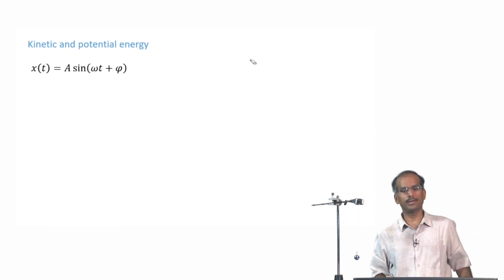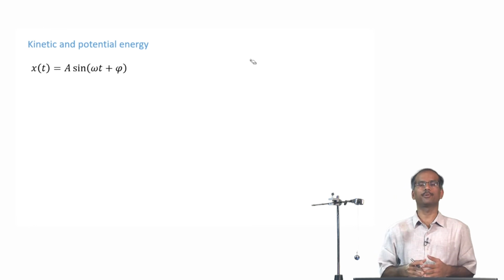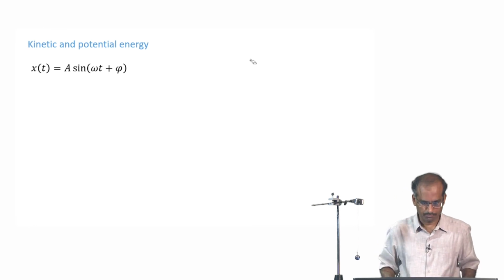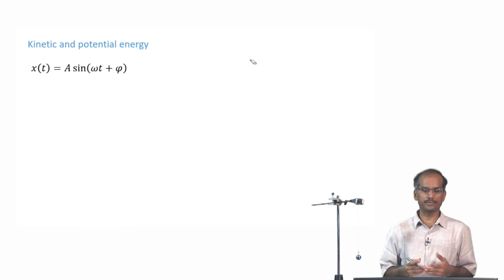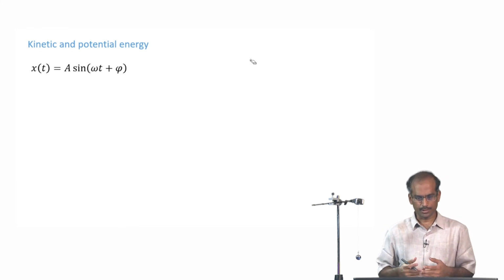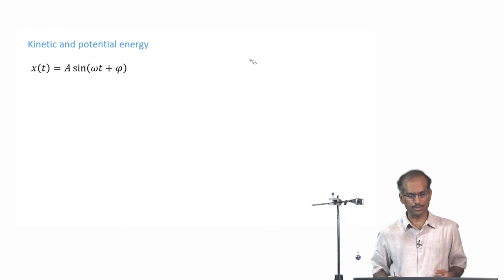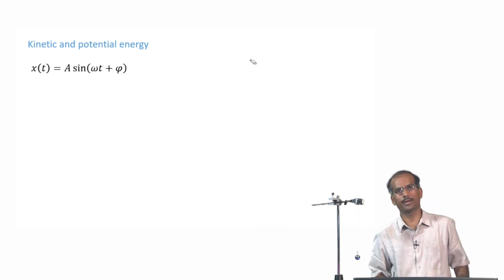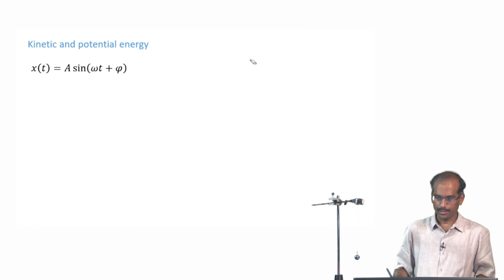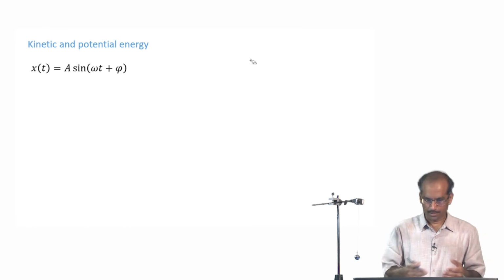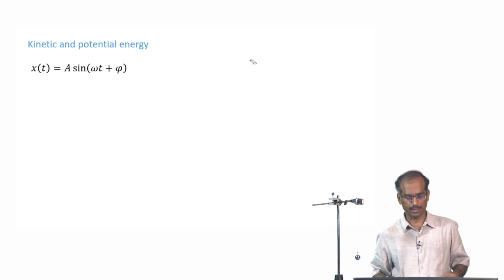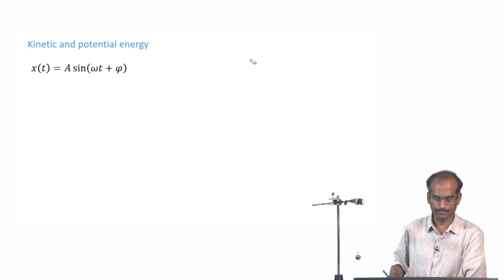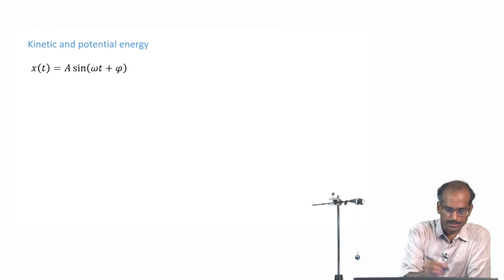Next, we will try and evaluate the kinetic and potential energy of an oscillating system. And again, the starting point is we will start with one possible solution, and I have taken one of the simplest ones as x = a sin(omega t + phi), and it is even simpler if I set phi equal to 0, it would not change any of our results. The kinetic energy is easy to write down.